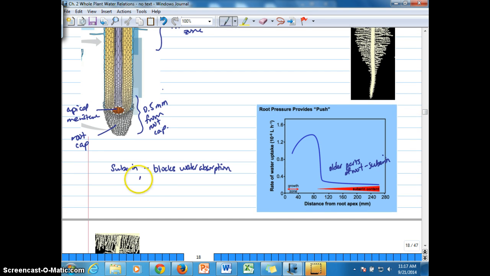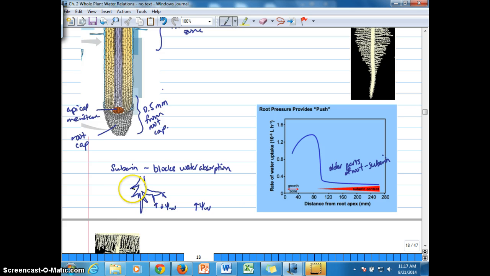So let's say if we draw a rudimentary root here, something like that. The root tips have the lowest water potential, and so we'll write low water potential. And out here, away from the root tips, we have the higher water potential, and water moves down that water potential gradient.